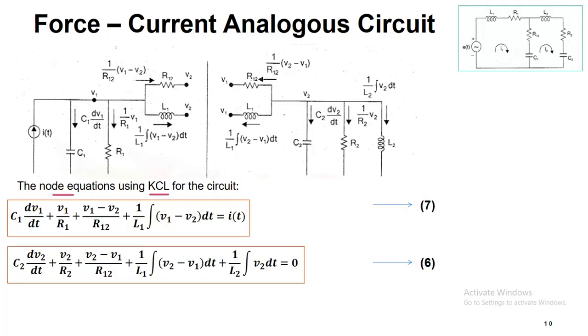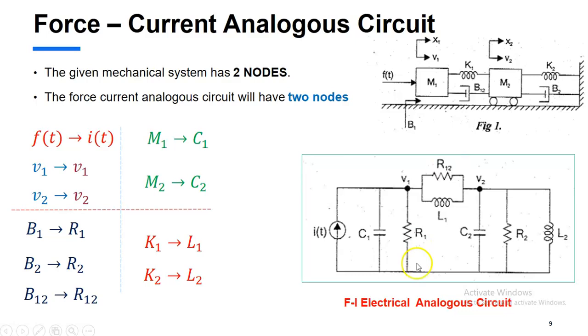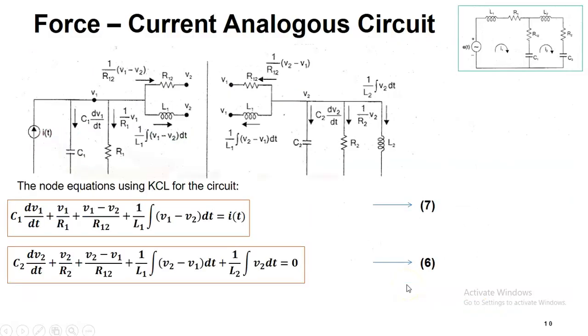We are considering the previous force current analogous circuit. From this V1 and V2, we are going to draw the current through each individual element, and we are applying KCL: the sum of incoming current is equal to the sum of outgoing current.